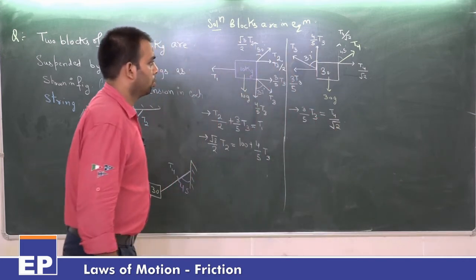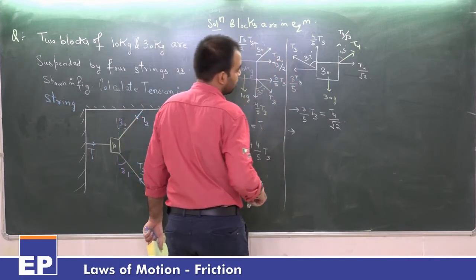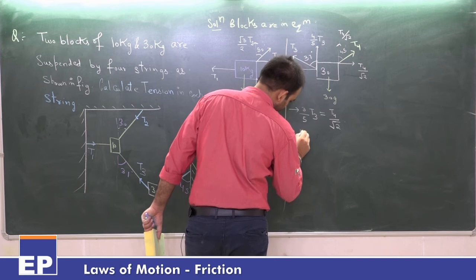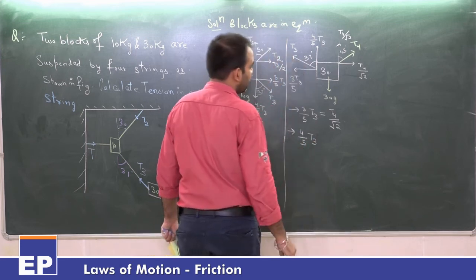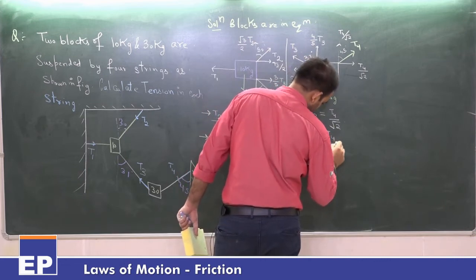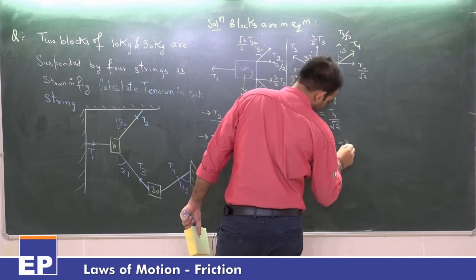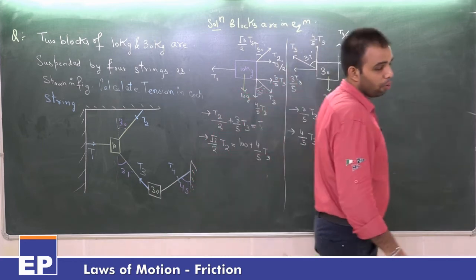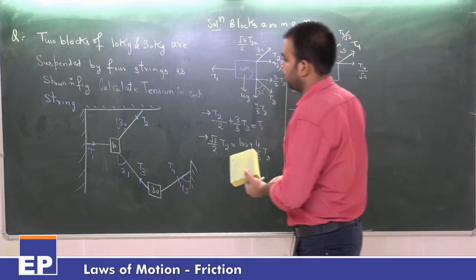T4 by root 2, ऐसे अपवर्ड में दो फोर्स, एक डाउनवर्ड में 4 by 5 T3. Now how many equations are there? There are total 4 equations and 4 variables.